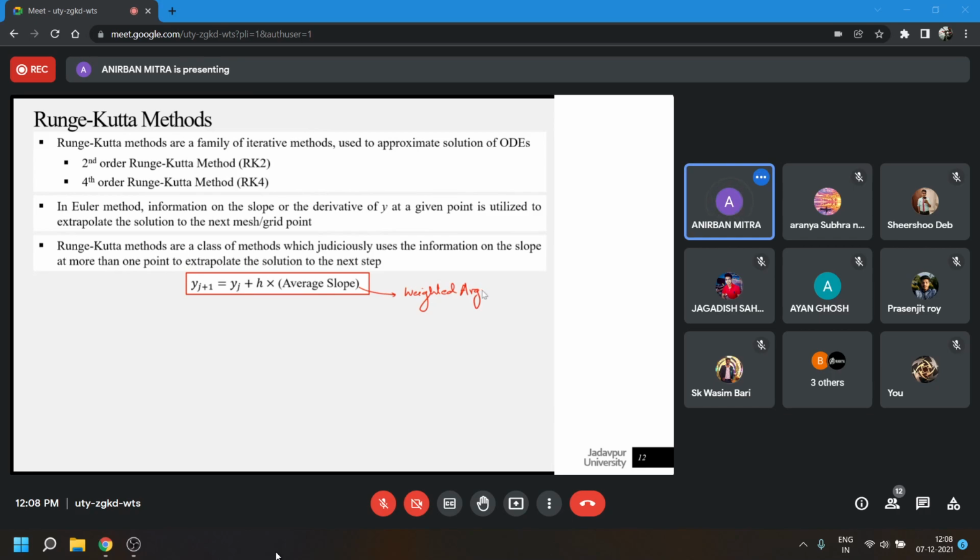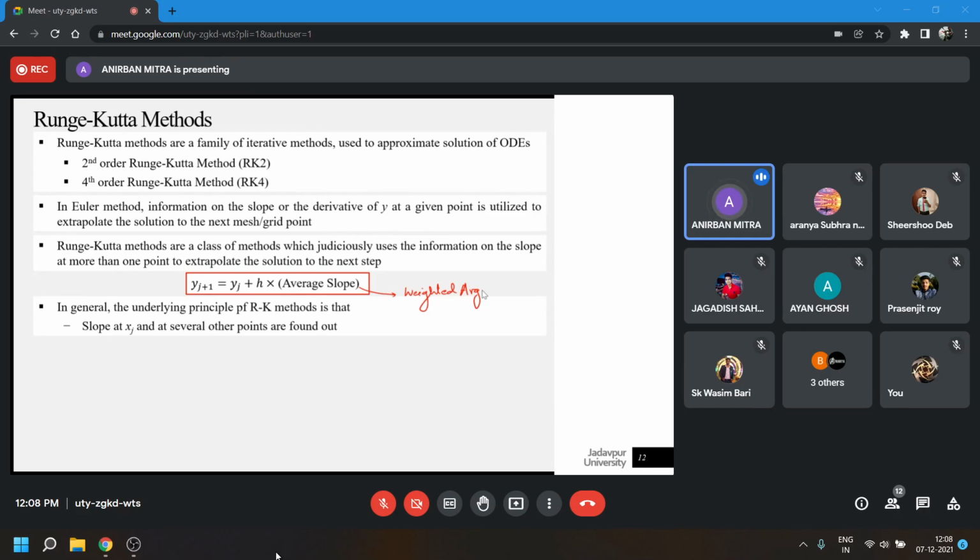If we are to write down stepwise what is done in this class of methods, it would be something like this. So the underlying principle of RK method is that, first of all, slope at a point x_j is calculated. But not only that, we calculate the slope at several other points.